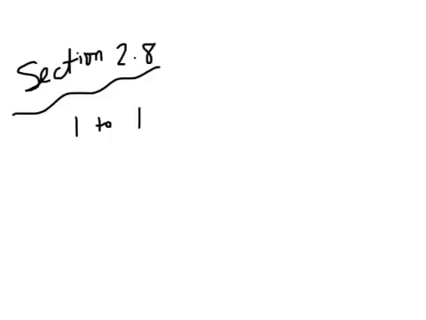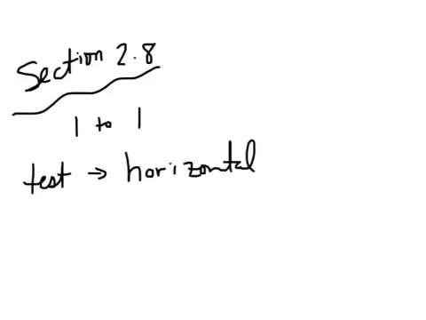So the easiest way for us to test for one-to-one is the horizontal line test. Earlier we used the vertical line test to determine whether or not it was a function to begin with.